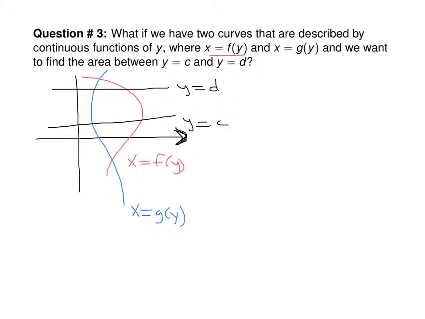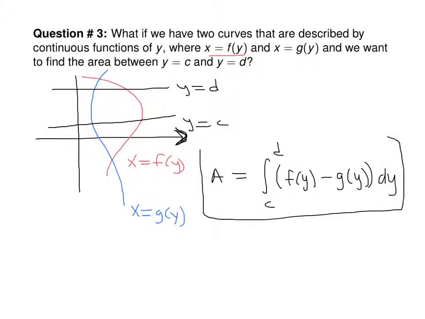So to find the area between these curves, we'll find the integral of f of y minus g of y, dy, and then think lowest to highest. Here the lowest y value is c, the highest y value is d. It's very much the same principle, you just have to think that up is to the right in this case.